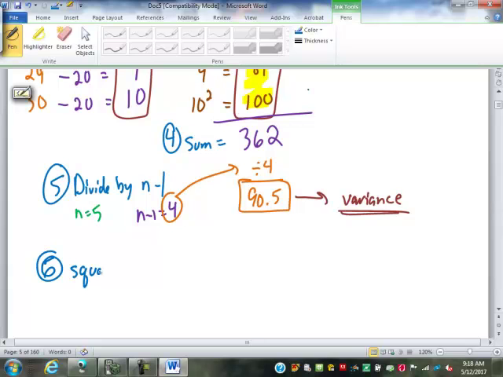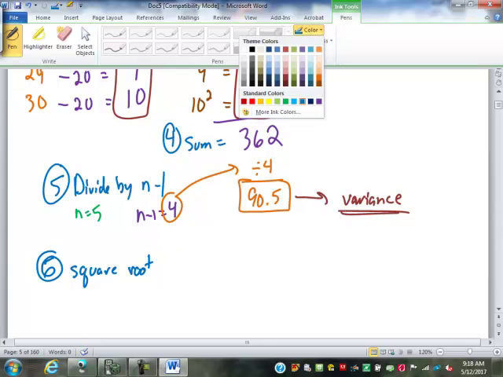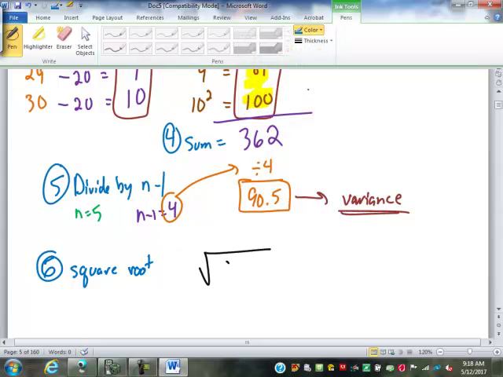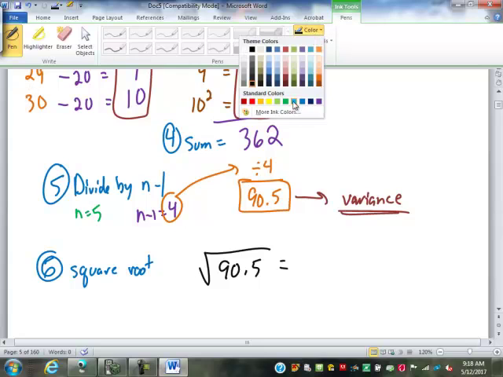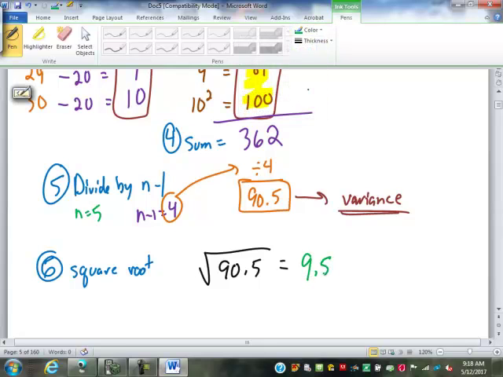Step 6 is the square root. And that's all it takes to go from the variance to the standard deviation. So the square root of 90.5 is going to give us 9.51. That is our standard deviation.